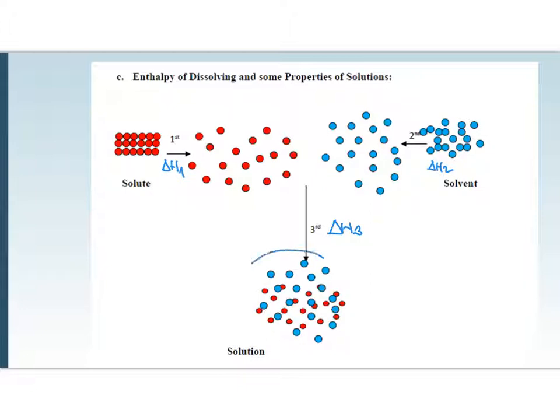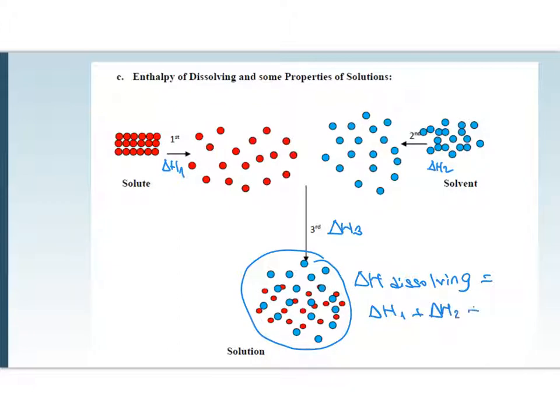So now that the dissolving process occurred, so you have heat of dissolving here. So heat of dissolving is equal to sum of these heat differences, delta H1 plus delta H2 plus delta H3. So these values can be negative, positive. It depends on whether they are exothermic or endothermic changes.